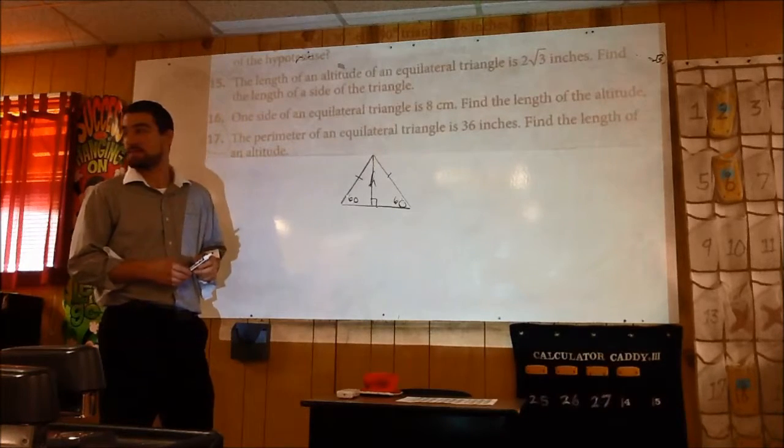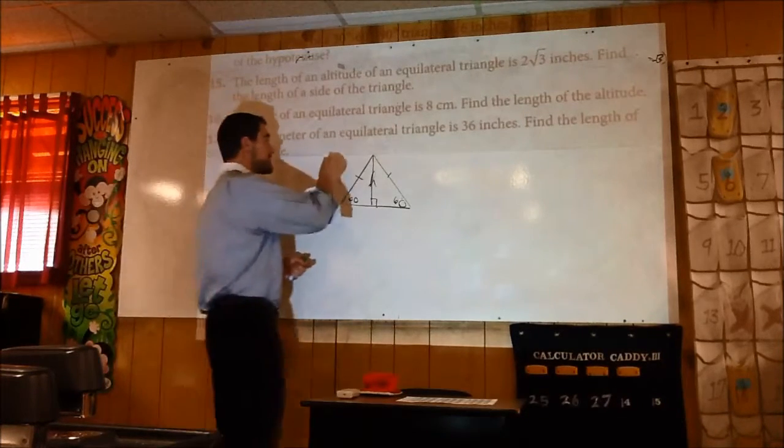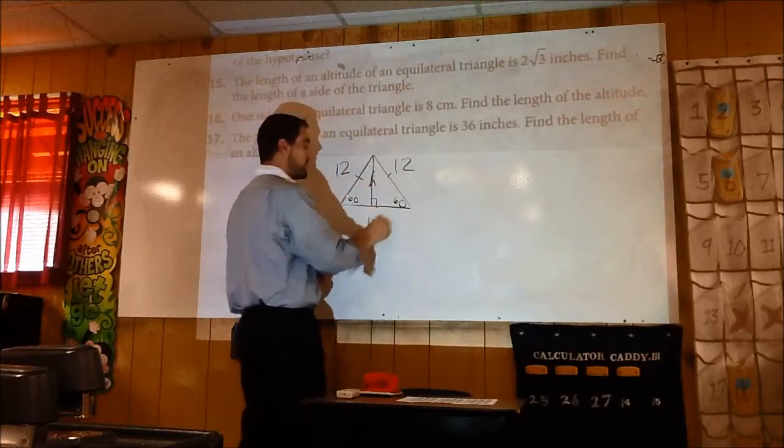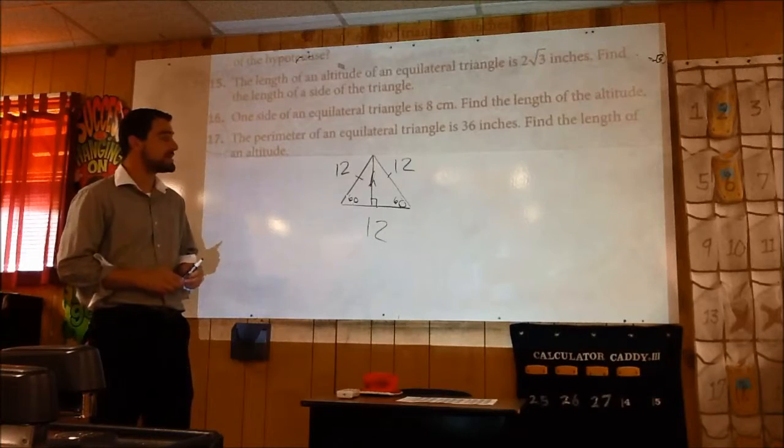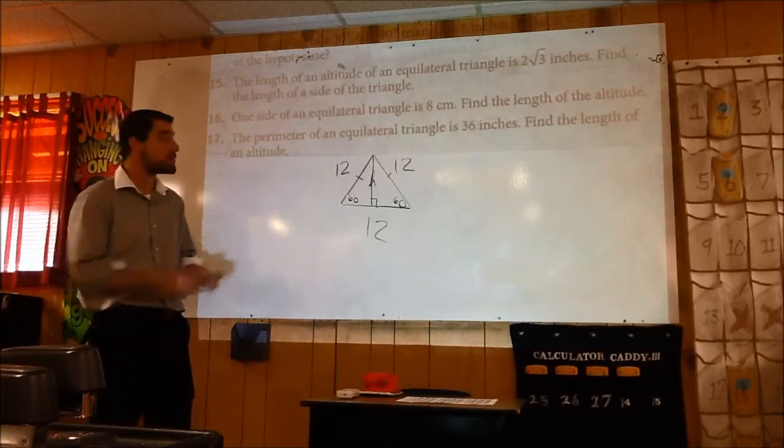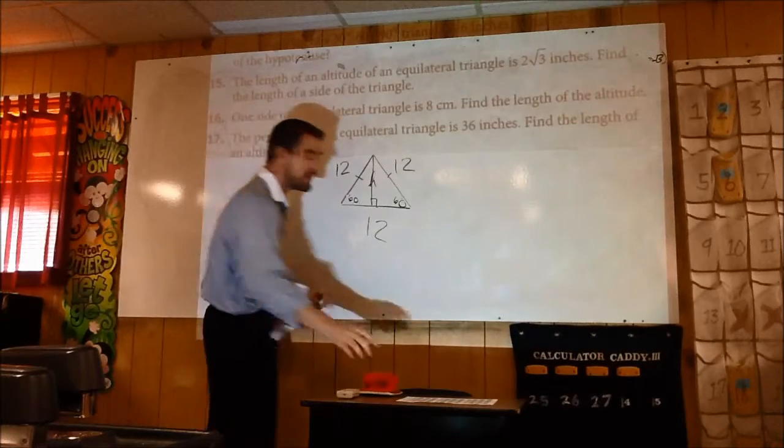And one side length is? That's all I needed to hear. So, by giving us the perimeter of 36, that means that we can figure out that each side length is 12 units long, 12 inches long by dividing by 3.